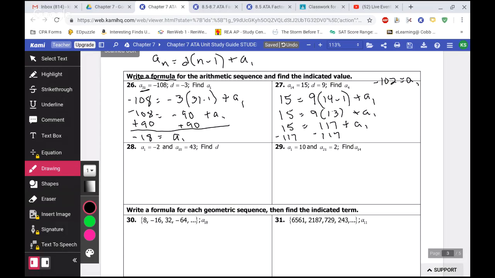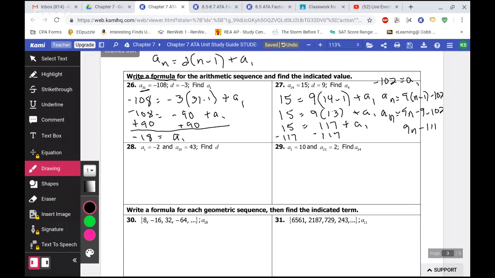Okay, and then we'll substitute our difference, n minus 1, minus 102. I could do a plus 102, but I'm just going to do it that way. Is that confusing for you? Okay. 9n minus 9 minus 102, so 9n minus 111.